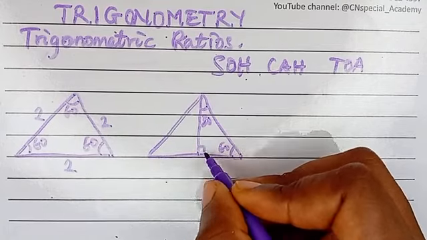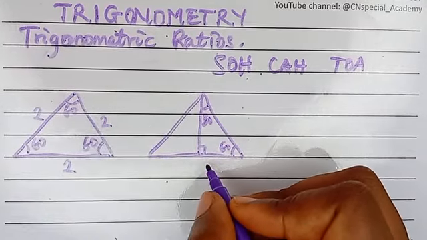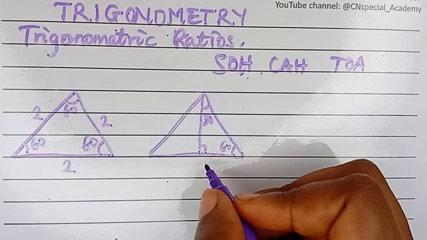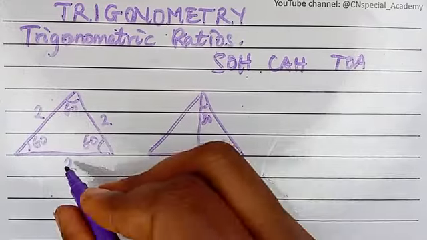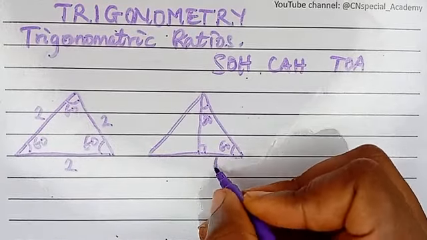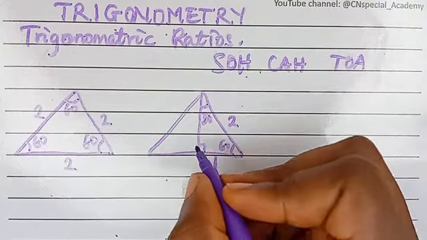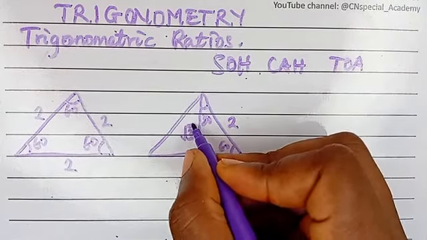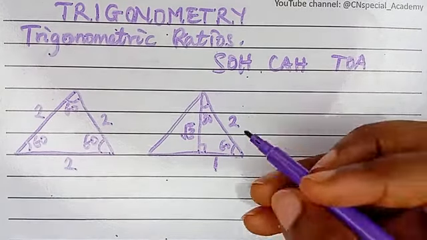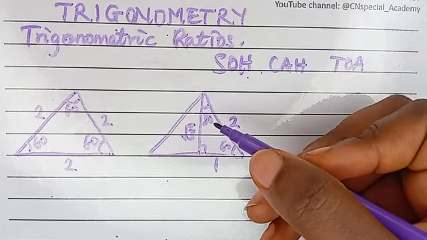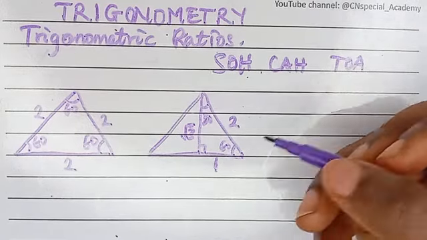Bisecting it means that it cuts across this third side at angle 90 degrees. So as this was 2, this part becomes 1, this is 2, so this is root 3 by Pythagoras theorem. So this triangle gave us 30 and 60 degrees.